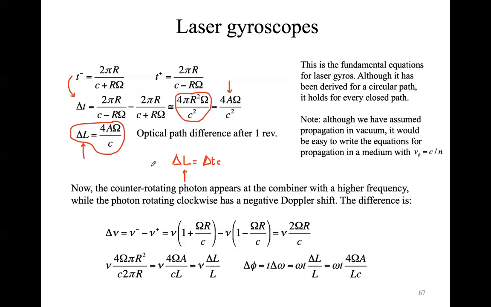So we have to take that into account. And tomorrow we are going to see that the size of the gyroscope is crucial to determine the signal that we get from the two interfering light beams. So I will stop here.